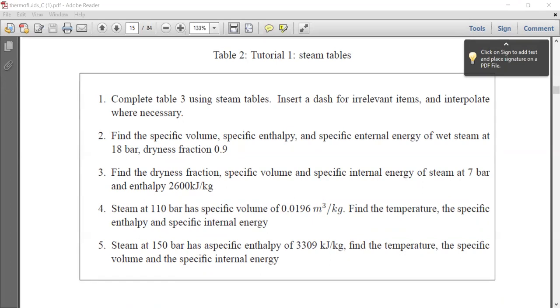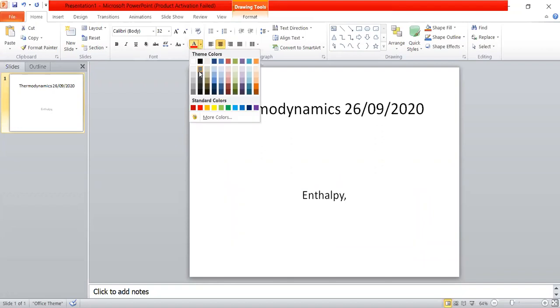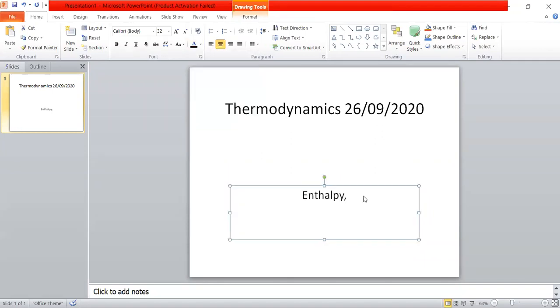enthalpy a bit. And also you have learned about entropy as well.